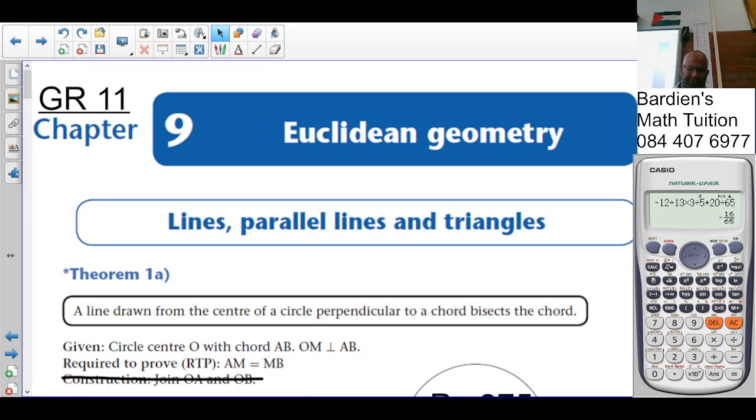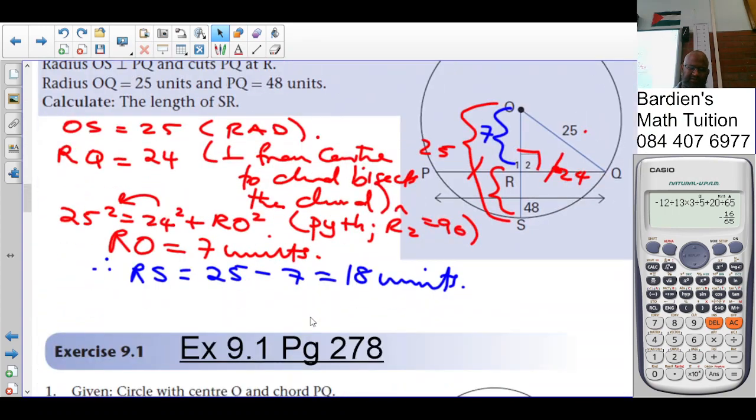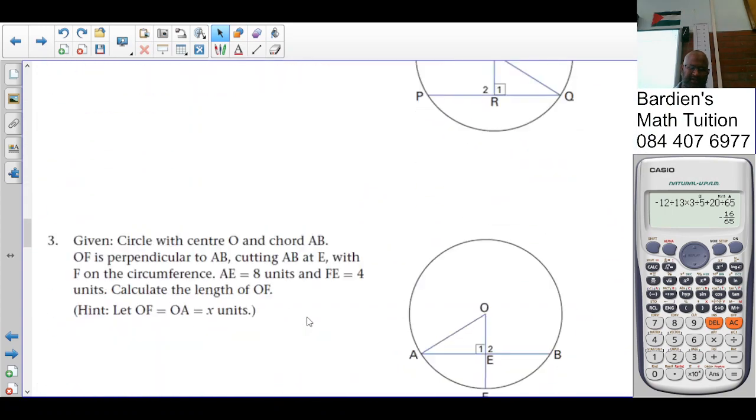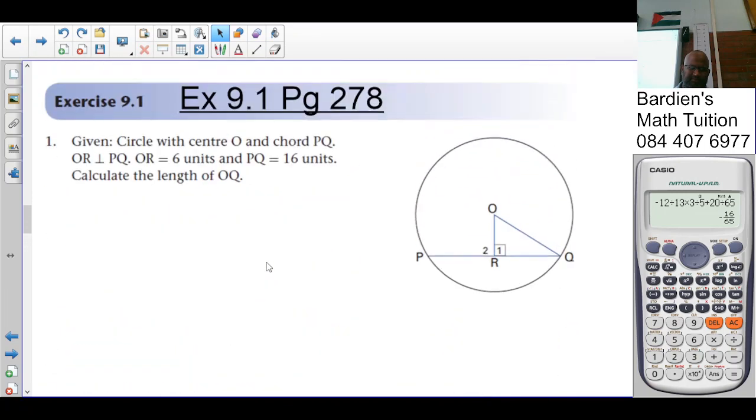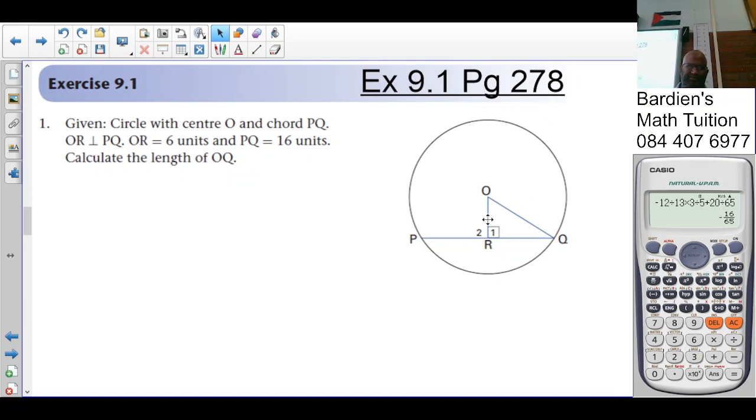So what I'm going to do is do those numbers quickly to show you the layout as required. Exercise 9.1 on page 278. If you're not sure about something, just ask.